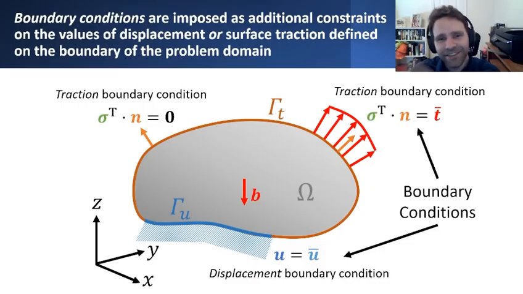Now, that's not the only way that we can prescribe traction boundary conditions. And in fact, what you see in this figure is just as important as what you don't see. So even if I don't have a displacement boundary condition explicitly prescribed on this boundary as for gamma u, and even if I don't directly impose a particular load or distributed surface traction as I have shown on the right here, it's possible that I could just have a free surface.